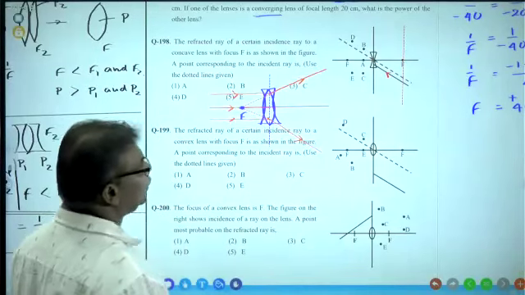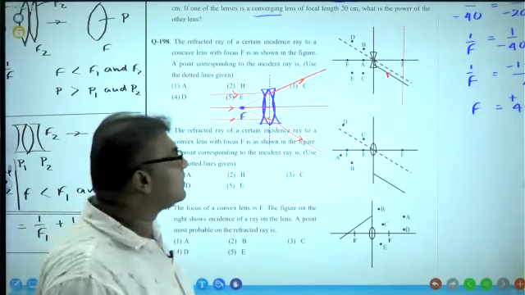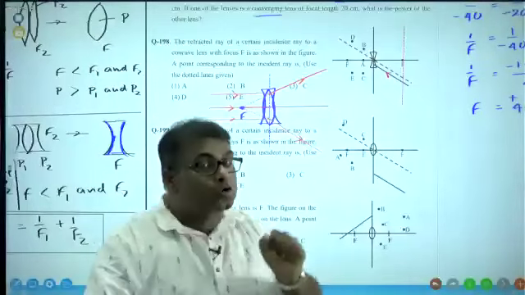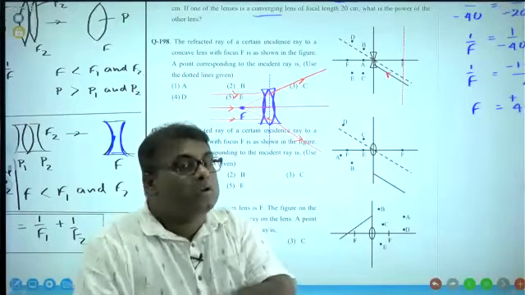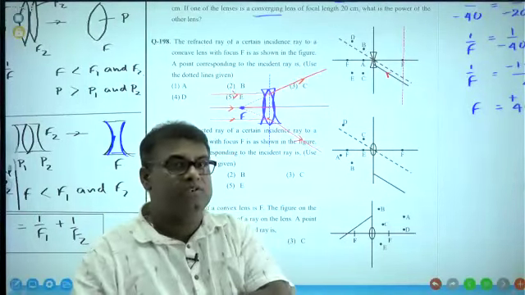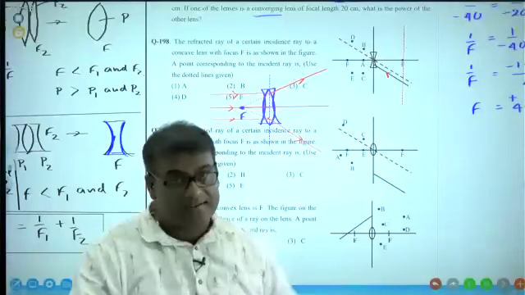Right? Okay. But if the light rays are parallel to each other, but not to the principal axis, they do not converge, but apparently diverge from a point on the principal axis.